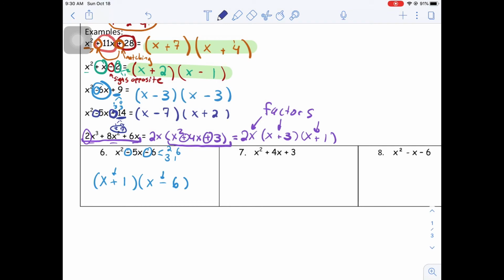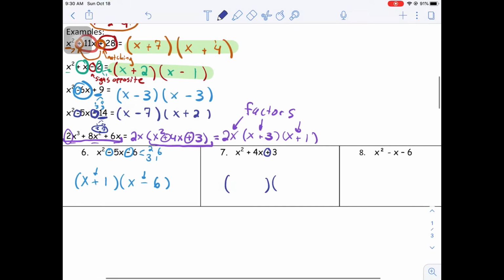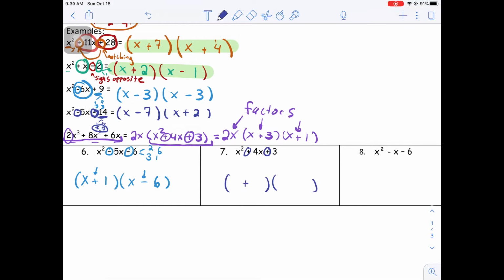All right, next one. We have positive at the end and then a positive in the middle. So that tells us the signs will match. Okay, positive, positive. 3 only has 2 factors, 1 and 3. Okay, this one's the easy one. That's nice. Whenever it's a prime number, it's super, super easy.